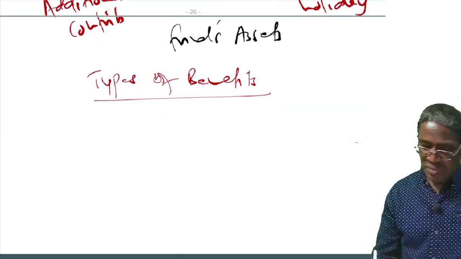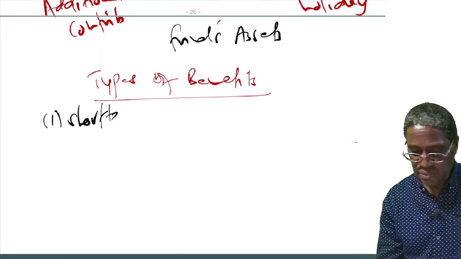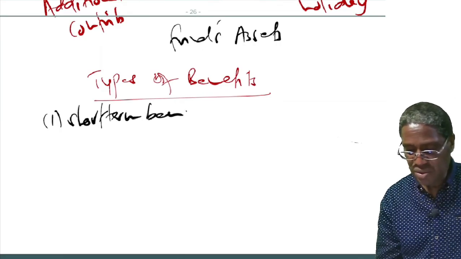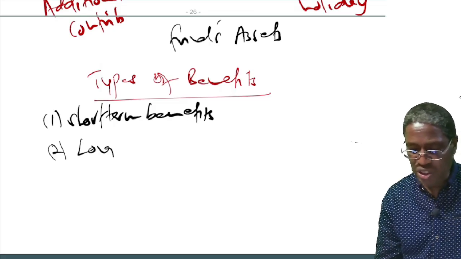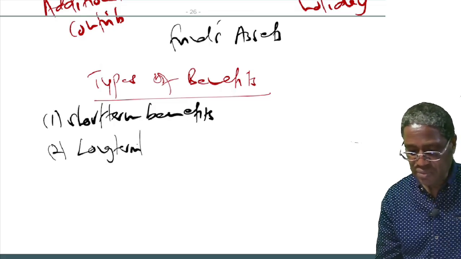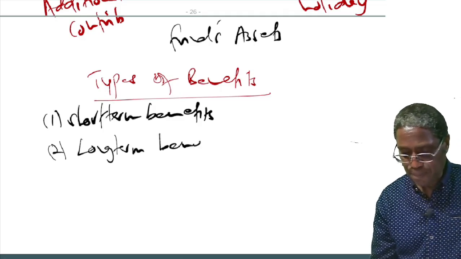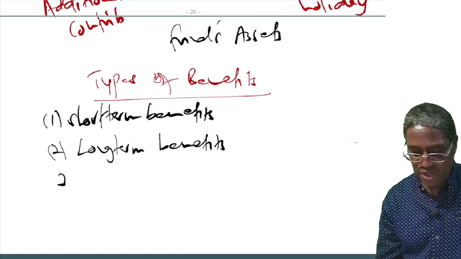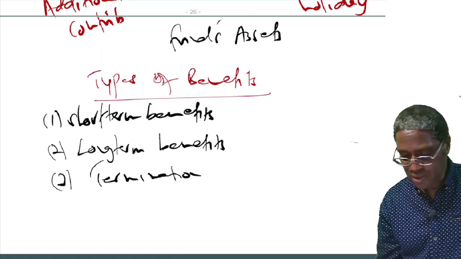Number one is what we call short-term benefits. Don't write fast. Number two is what we call long-term benefits. Number three is what we call termination benefits.